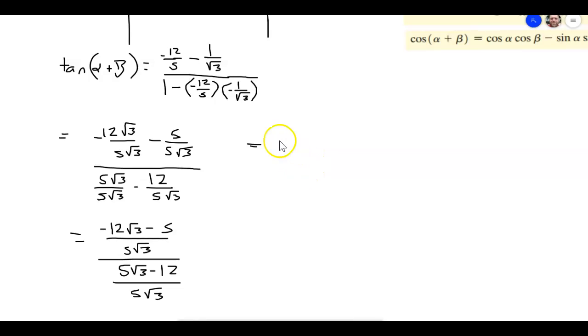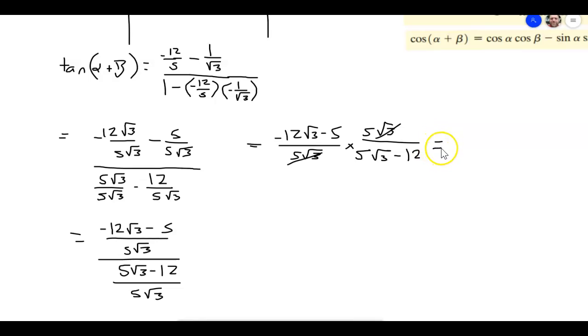So I'm going to do the negative 12 root 3, the top multiplied by the reciprocal of the bottom, over 5 root 3 times 5 root 3 all over 5 root 3 minus 12.